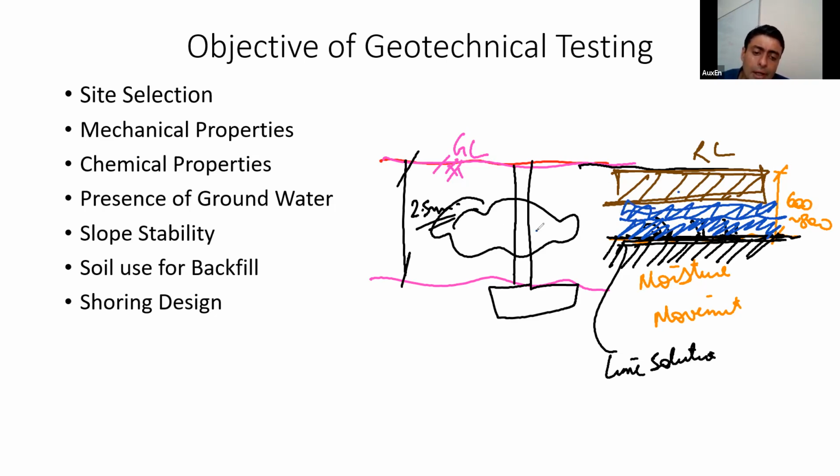If you are going for a building, first recommendation would be to remove the black cotton soil layer as far as possible, because remember that, let us say when you are going to put some ground slab over here, even these ground slabs will be facing the problem of swelling, isn't it? So soil removal is a good option.